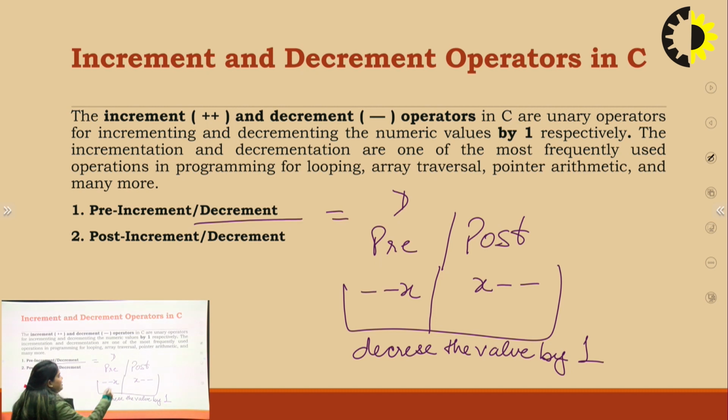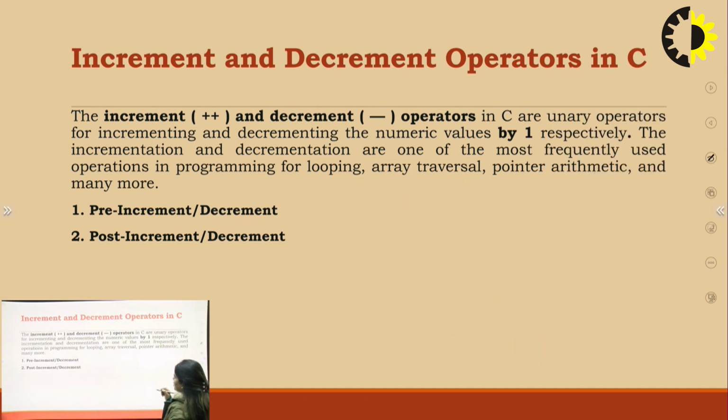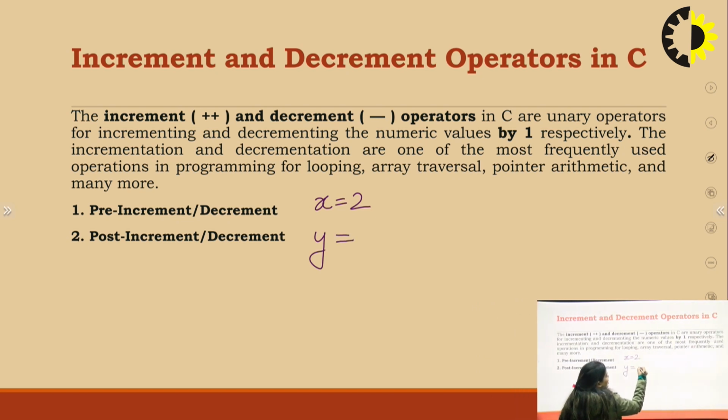But again the same thing goes with pre and post. Now see, if you have x is equals to 2, and y is equals to x minus minus, which is post, then y will have the value 2.